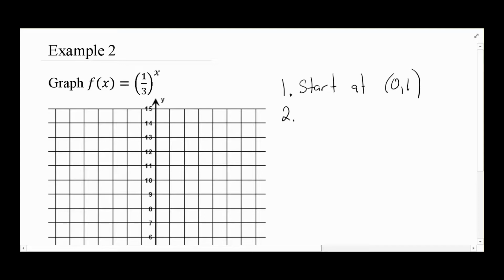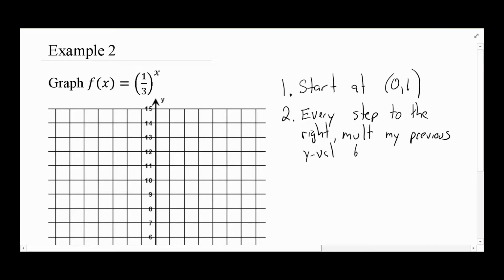And then every step I take to the right, multiply my previous y value by the base. That's what we were doing when we were looking at 2 to the x.